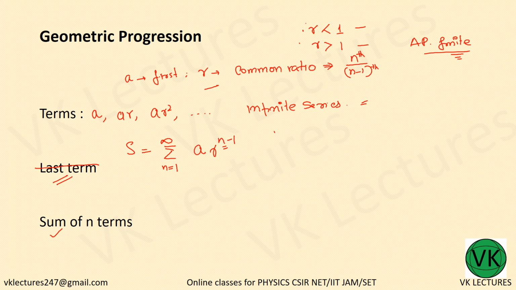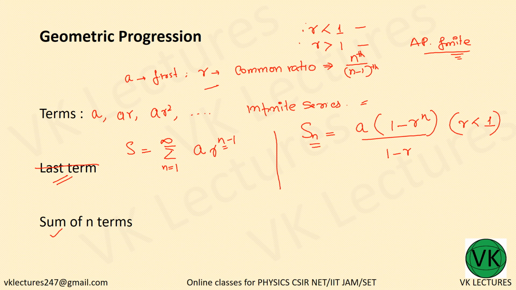Now Sn is equal to a times 1 minus r to the power n divided by 1 minus r, if r is less than 1. This is where you use that condition.